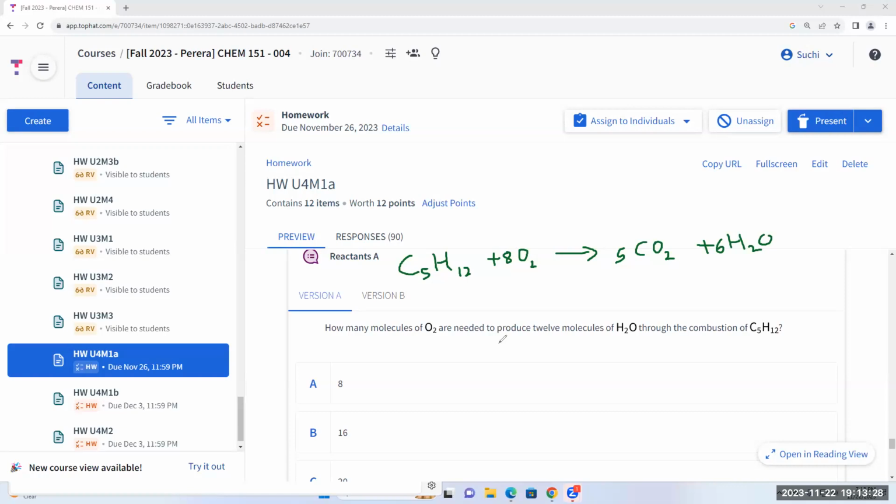They're asking the relationship between H2O and oxygen. To get 6, we need 8. To get 1, we need 8 divided by 6. To get 12, we need 8 divided by 6 multiplied by 12, which is 16, right? Is it 16? Yeah, 16.